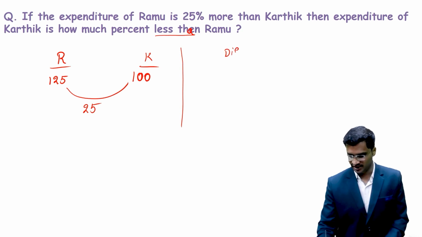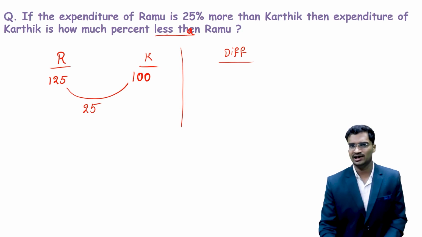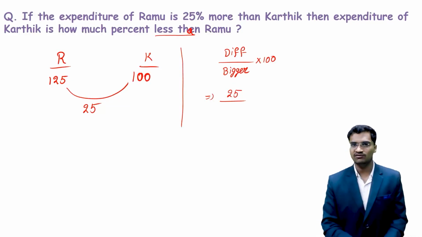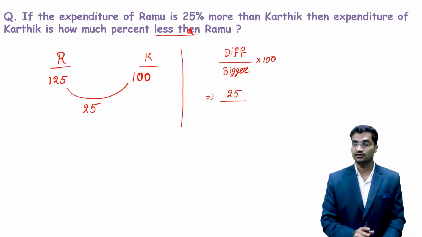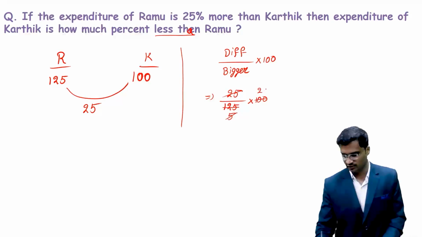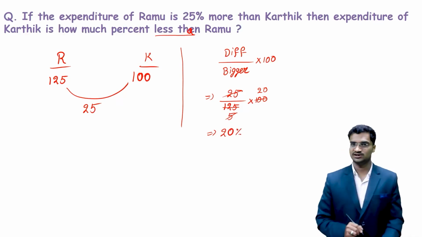So difference divided by, here he is asking less than, so in the denominator I have to write the bigger value into 100. 25 by the bigger value between 100 and 125, which is 125. 25 by 125 into 100. 25 ones are 25, 25 fives are 125, so the answer is 20%.